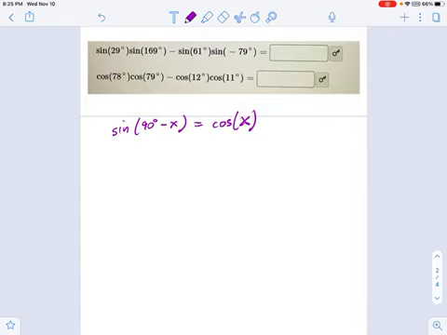So I'm going to try to think about it this way. Another cofunction identity is this. Cosine of 90 minus x equals sine of x.